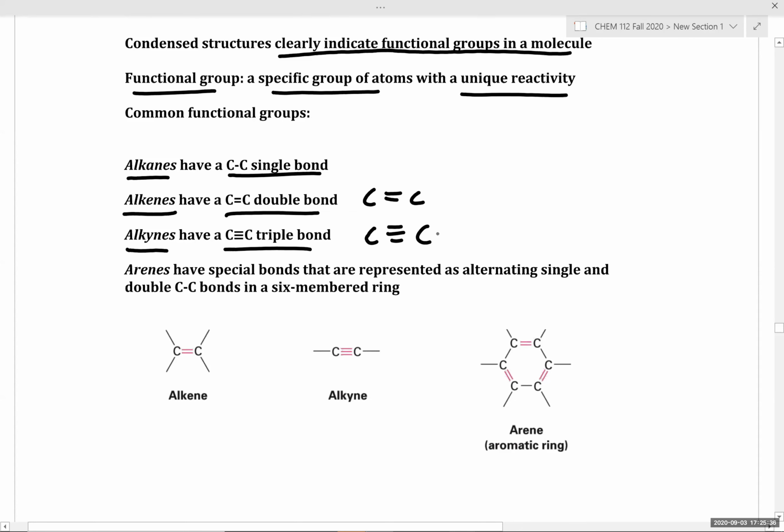There's one other functional group that you're going to need to be familiar with called an arene. In this case, we have alternating single and double bonds in a 6-membered ring. So this functional group is known as an arene.